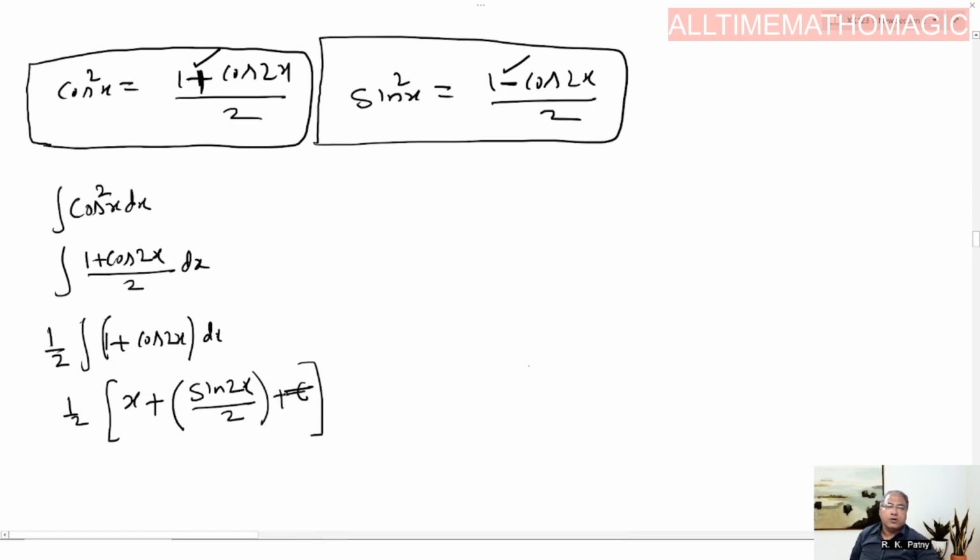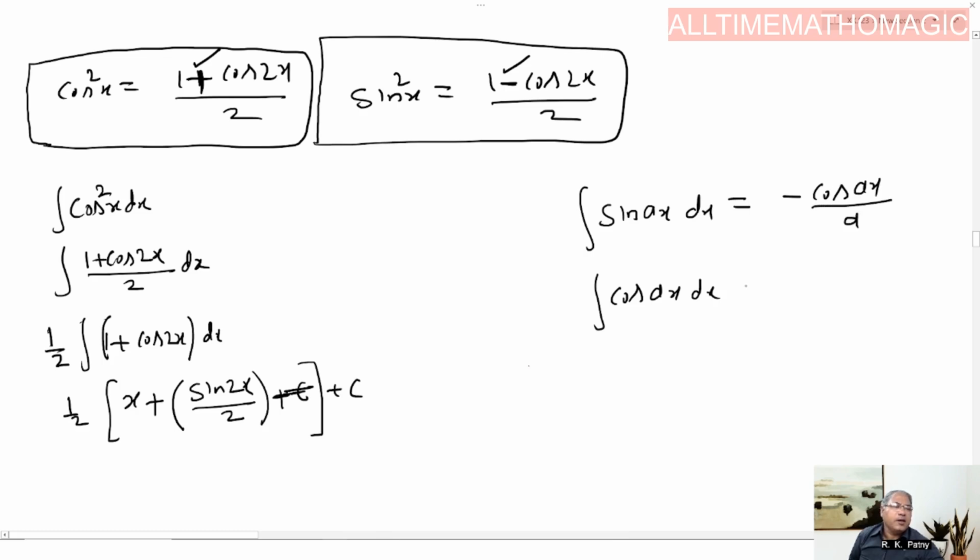I would like to tell you that the integration of sin ax and cos ax with respect to x: integration of sin ax is minus cos ax upon a, and integration of cos ax with respect to x is sin ax upon a.